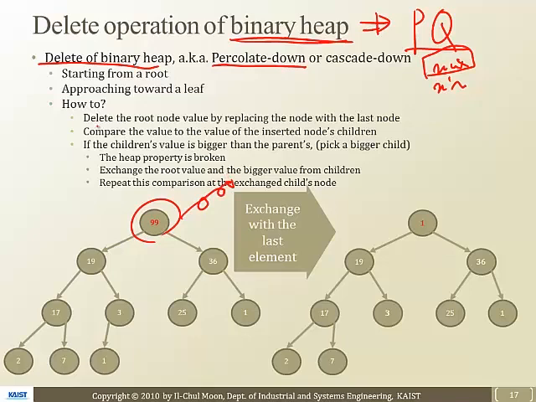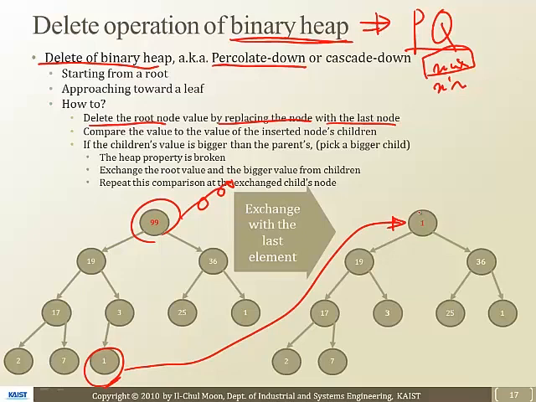And then delete the root value and replace the root node with the last node. If we keep tracking the tree size, we know where the last node is in the array, so we can easily access this value 1 because that is the last value. And when the 99 is gone, we put that 1 up here.